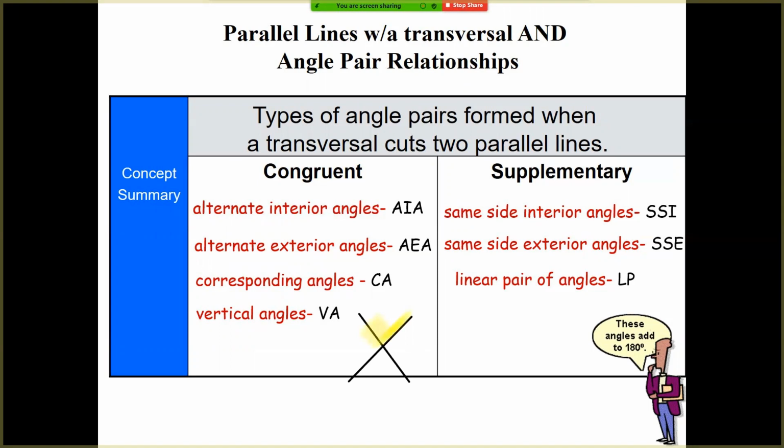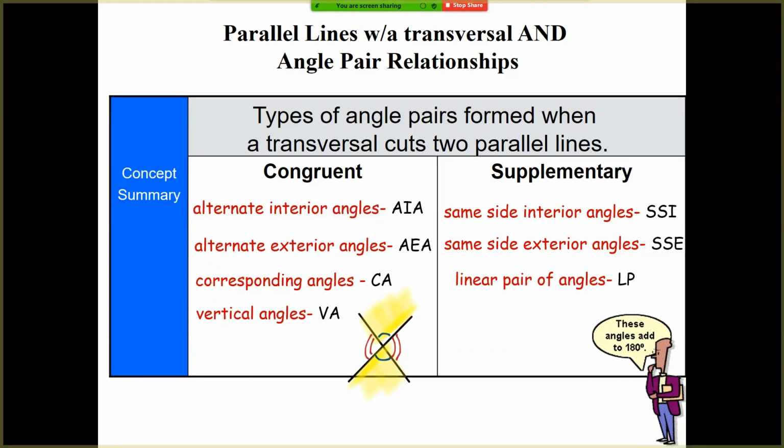This angle here is congruent to this angle here. So vertical angles would be this angle is congruent to this angle, but also this angle here is vertical to this angle here. So there's 2 pairs of vertical angles there that are congruent.